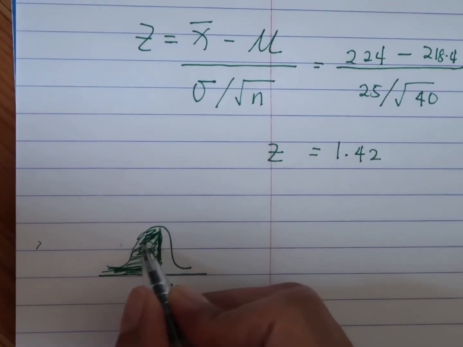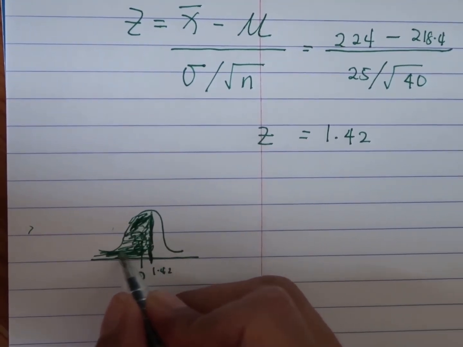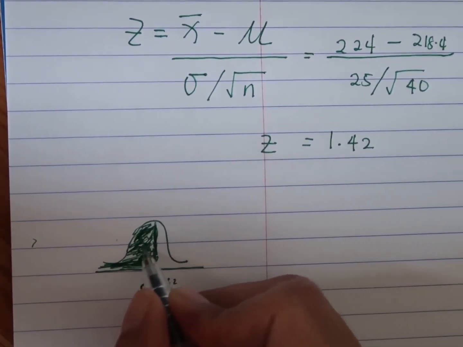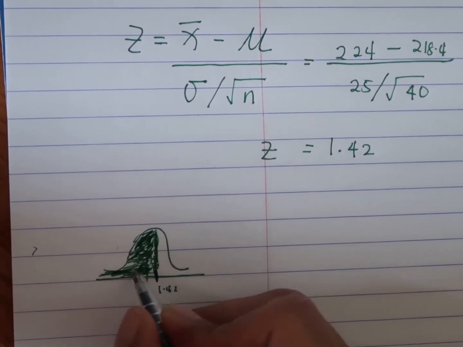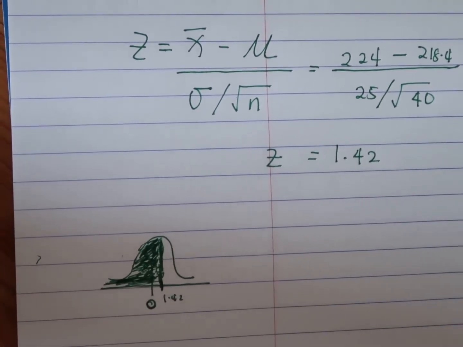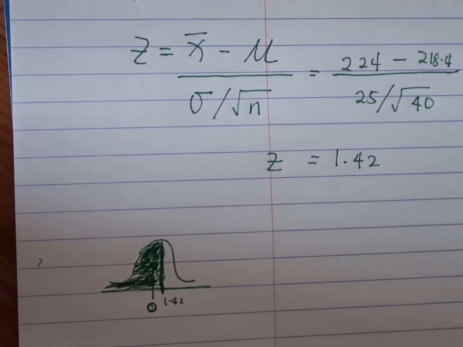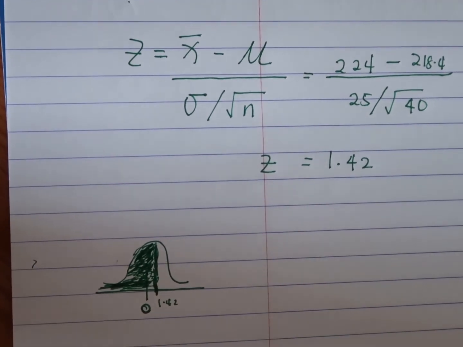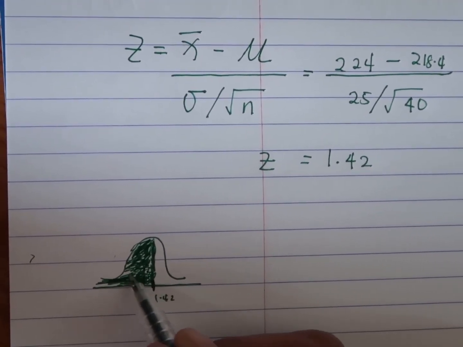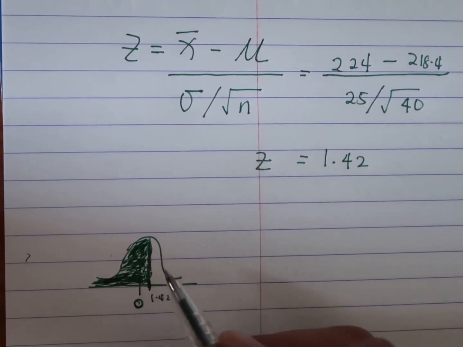Okay, so if the given is going to the left, the area is as is. You don't need to subtract it from 1 because it's going to the left. Okay, you can only subtract it from 1 if it is going to the right. So in this particular figure, it's going to the left, so as is.